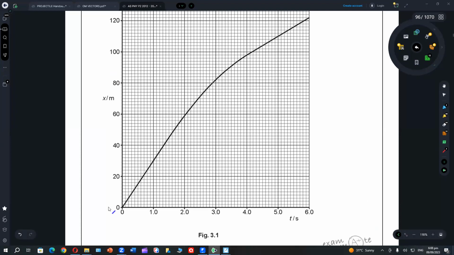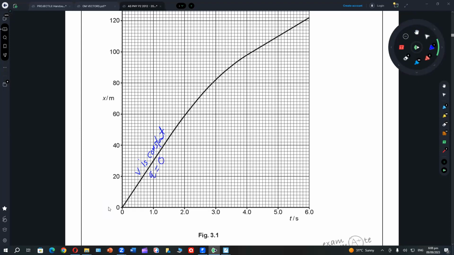Now, look at the graph. Can anyone tell me till when the line is straight? From 0 to 2 seconds and from 4 to 6 seconds. So for 0 to 2, the line is straight. So I will say that velocity is constant, acceleration is 0.